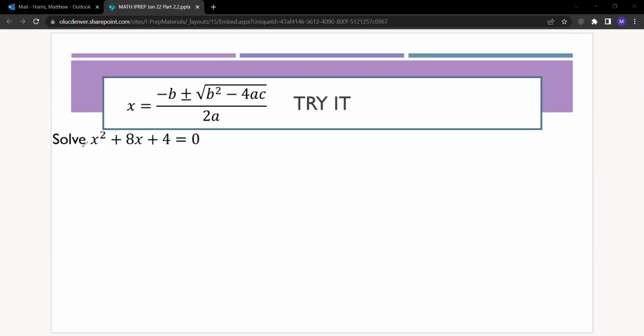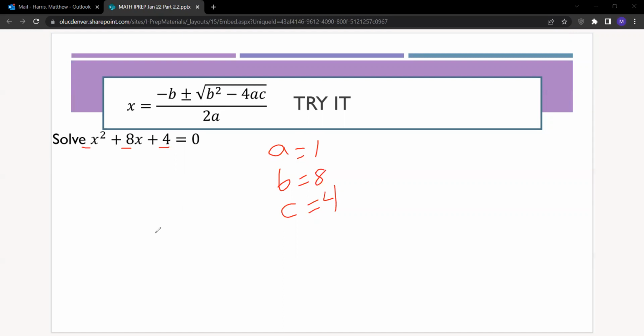So first, let's go ahead and identify what A, B, and C are. In this case, A is equal to 1, B is equal to 8, and C is equal to 4. And then all we have to do is plug it in.